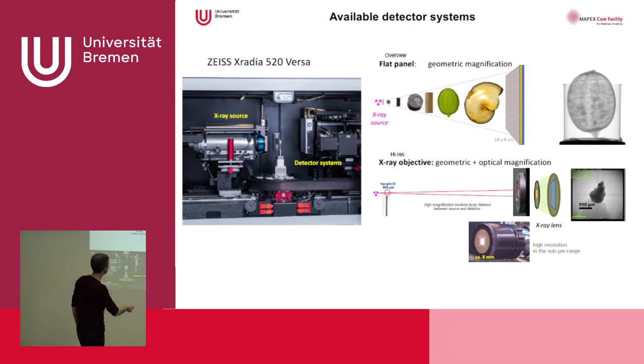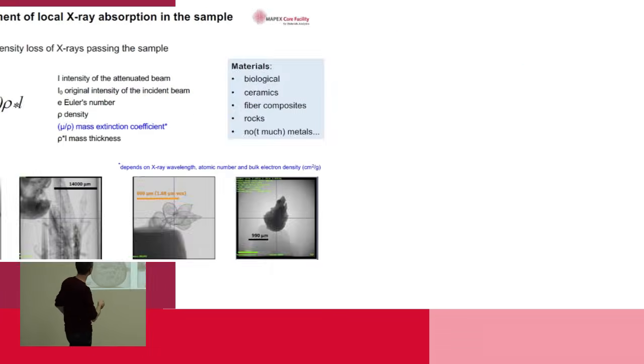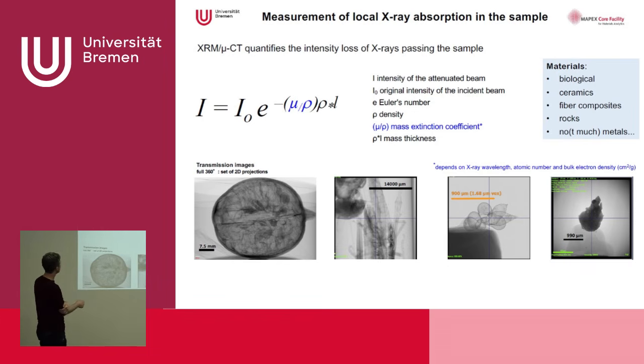So we see here different materials, and that's the thing. What we can do, we quantify the intensity loss of the X-rays passing the sample. So the original beam is reduced the longer it travels, with increasing sample thickness, because of the absorption of different particles.